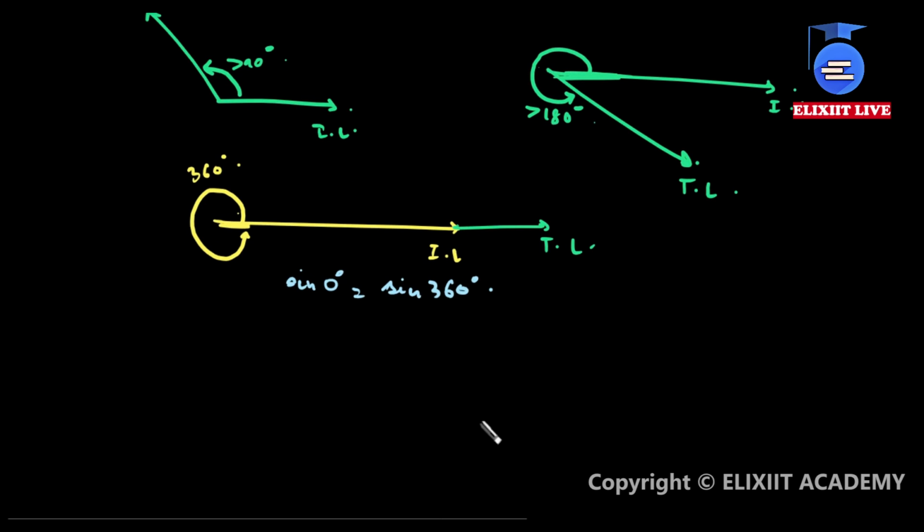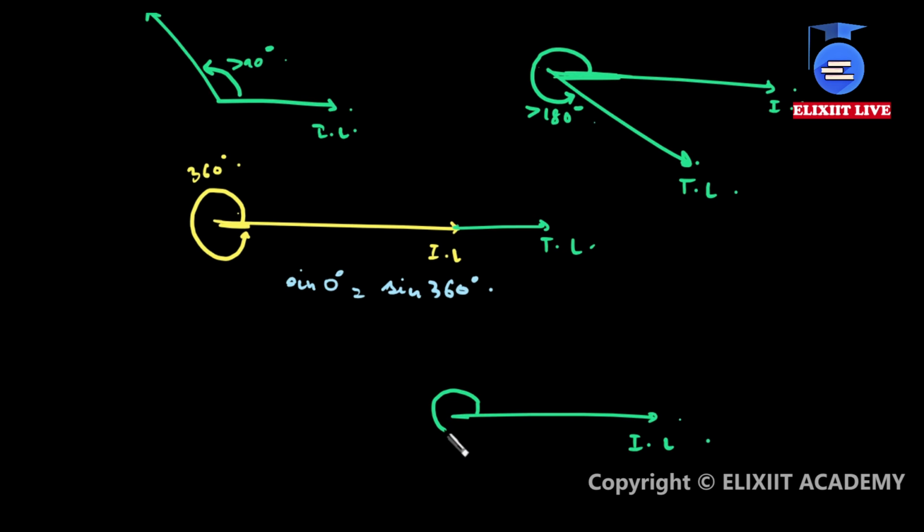Likewise, you consider this to be the initial line. You start rotating this initial line, first rotation, and then once again we proceed. Over here, let's say this is your terminal line.